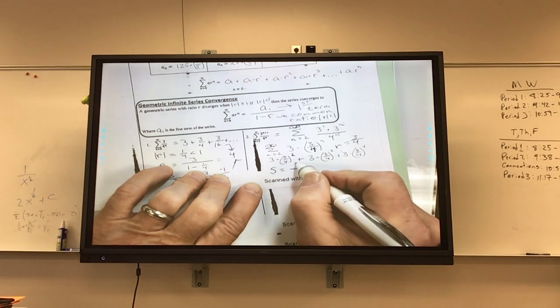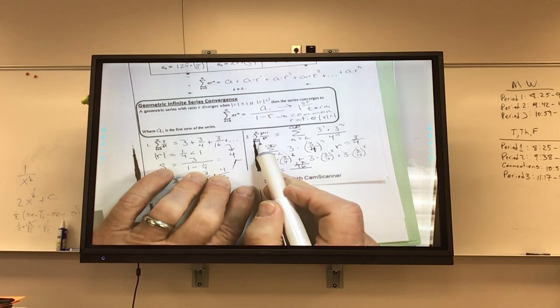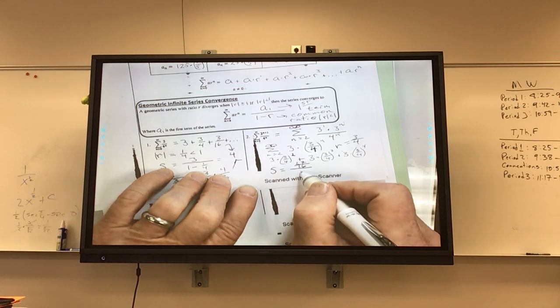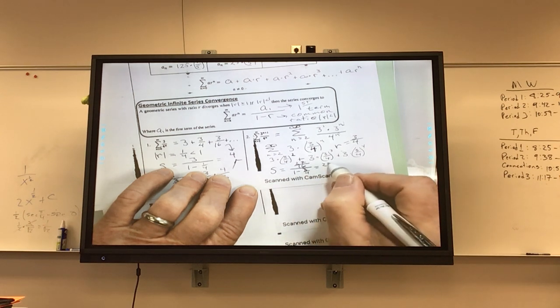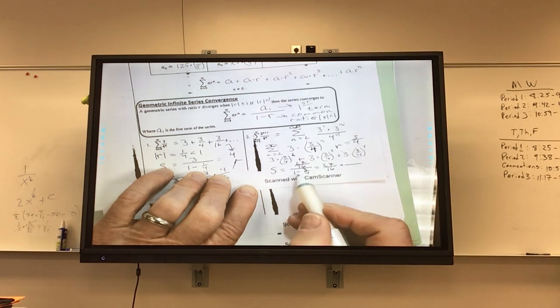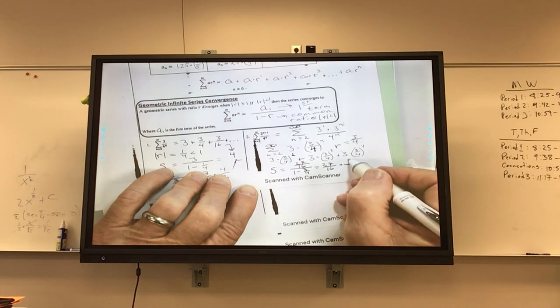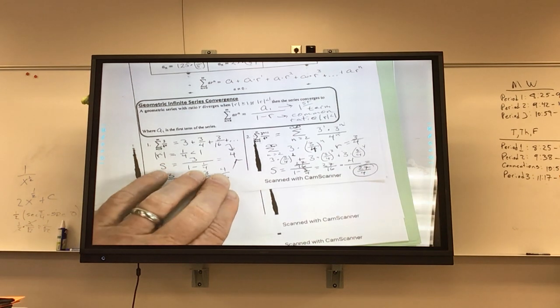So 27/16 is my first term, because you have to start at 2. Are you okay with that? And what am I going to divide that by? 1 minus 3/4. So I'm going to write 27/16 and multiply by the reciprocal. What is 1 minus 3/4? 1/4. So I'm going to multiply by 4 over 1, and that gives me 27/4. Are you okay with that?